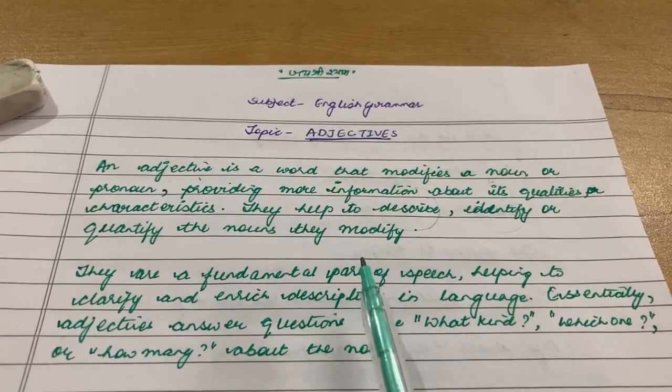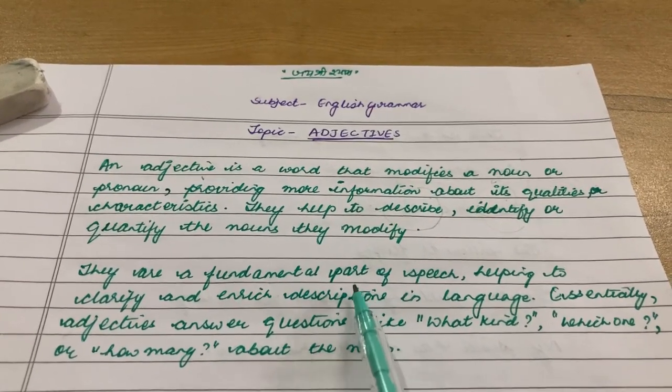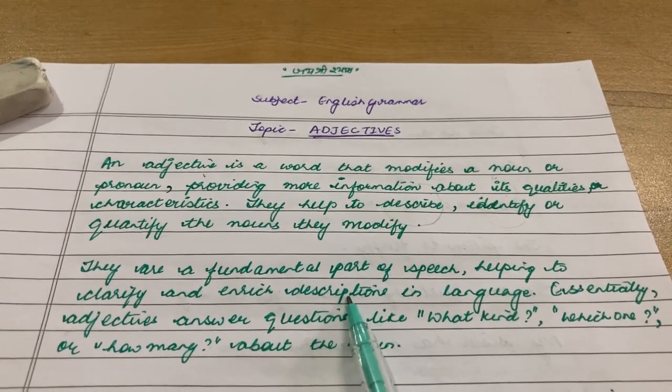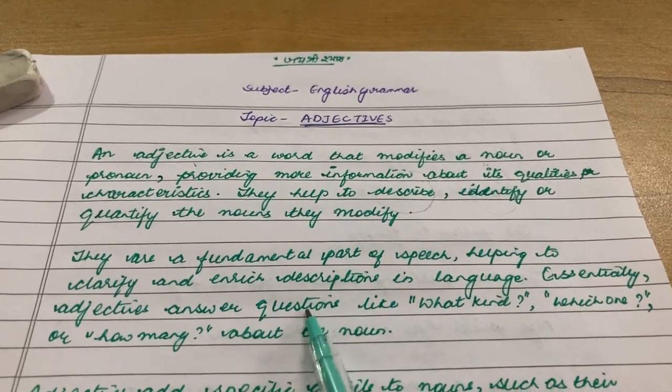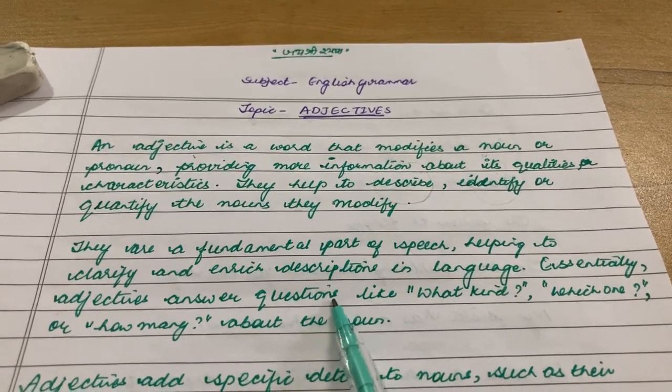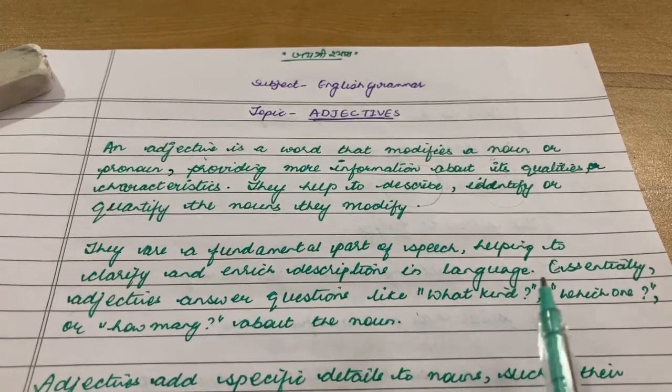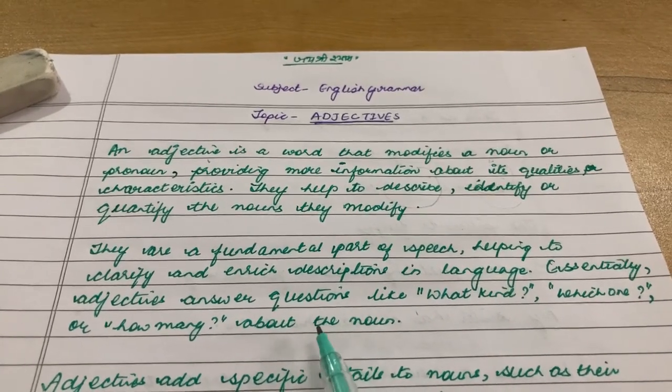So what does an adjective do? It helps us to clarify and enrich descriptions in language. Essentially, an adjective answers questions like what kind, which one, how many, about the noun.